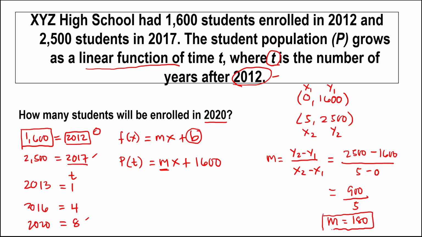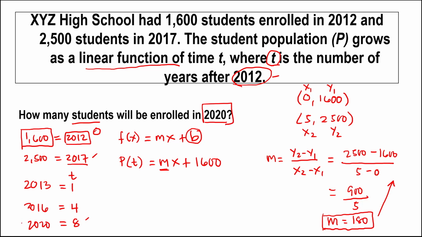Since the slope is positive, the population is increasing. If the slope is negative, the population is decreasing. So this time we can solve now the number of students enrolled in 2020.